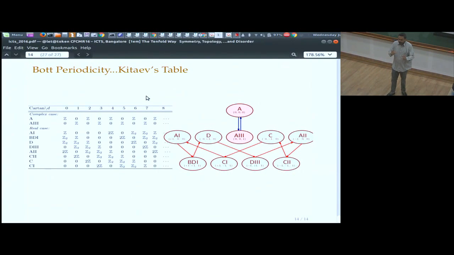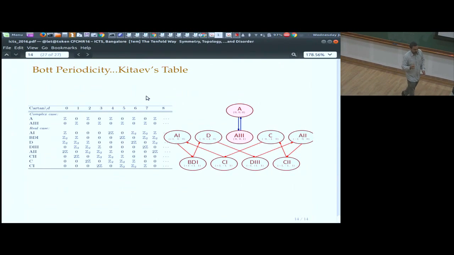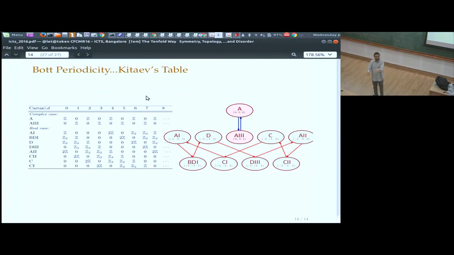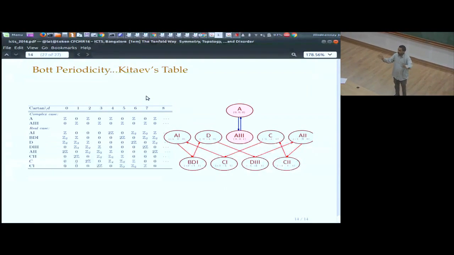So instead of going into very technical ways of discussing this, I will discuss disorder in the sense of this bulk boundary correspondence. What we have seen is that if I have a topological insulator, for example, the surface of it will have a single Dirac cone. It's a metal, and electrons can move freely on that and they won't get scattered.